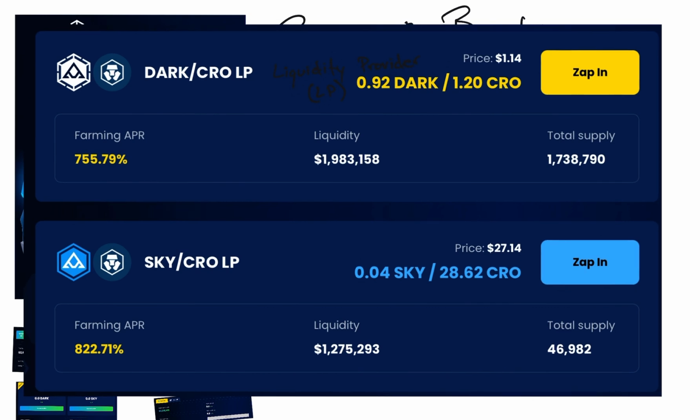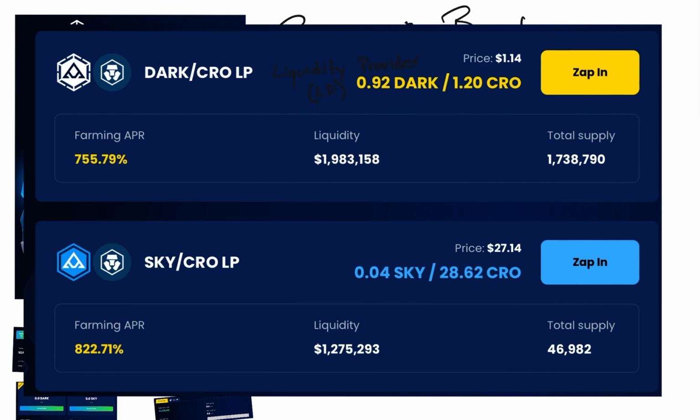If you scroll down, you'll see these here, and you will notice this zap in button right here. So if in your wallet you hold Dark tokens or Crow tokens, you can hit this zap in button and allocate how much of your tokens you want to use, and it will automatically split it into whatever other asset you don't have to create LP tokens for you.